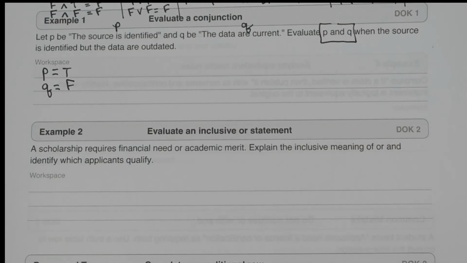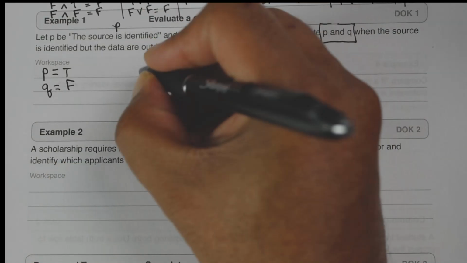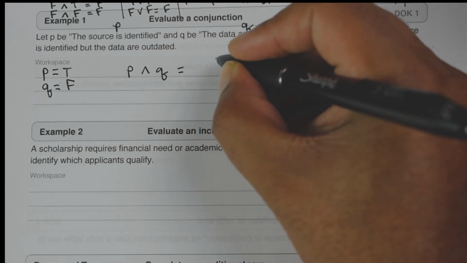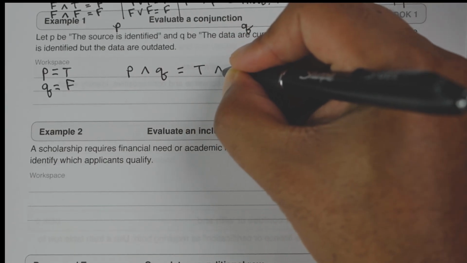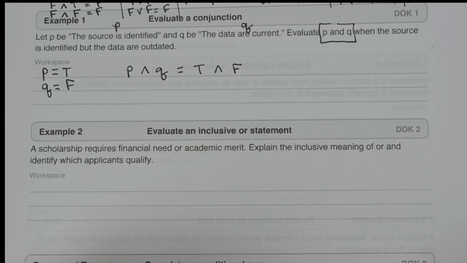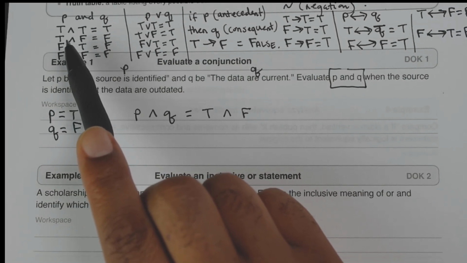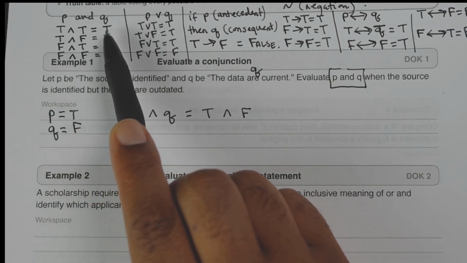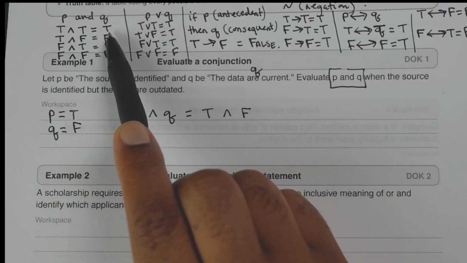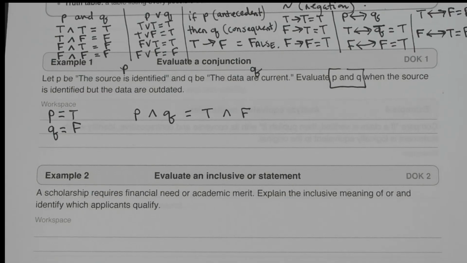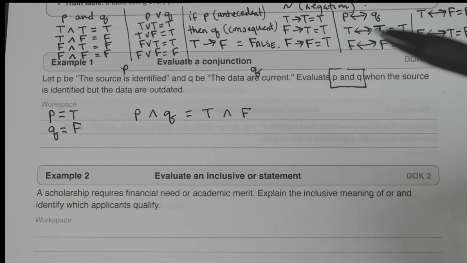So if we substitute P and Q for this data, we would substitute it and it would become true and false, right? Remember that a conjunction requires both propositions to be true, right? If both propositions are true, then using the conjunction and will work. But if only one of them is true, like this, then guess what?